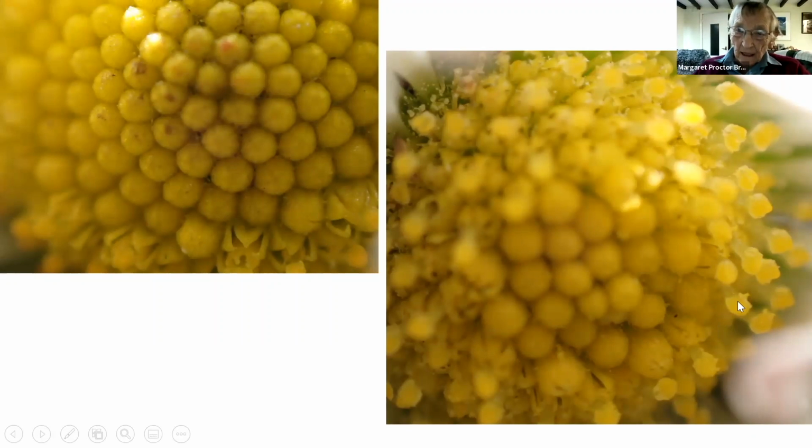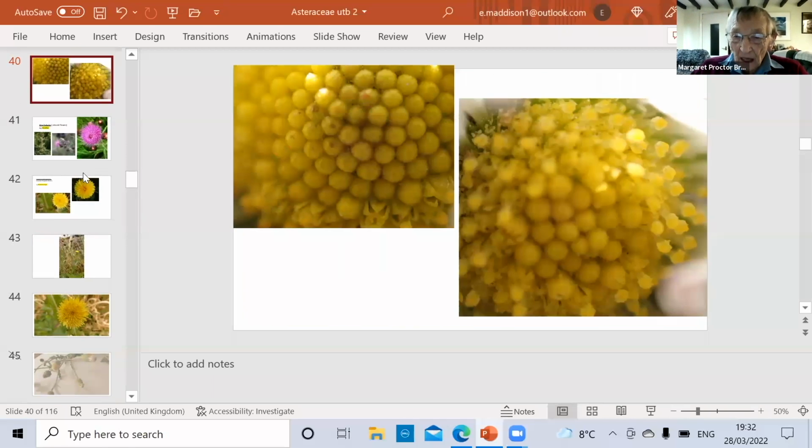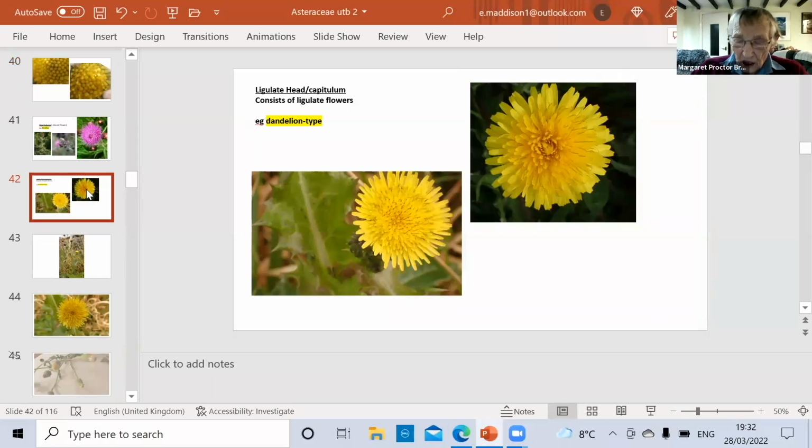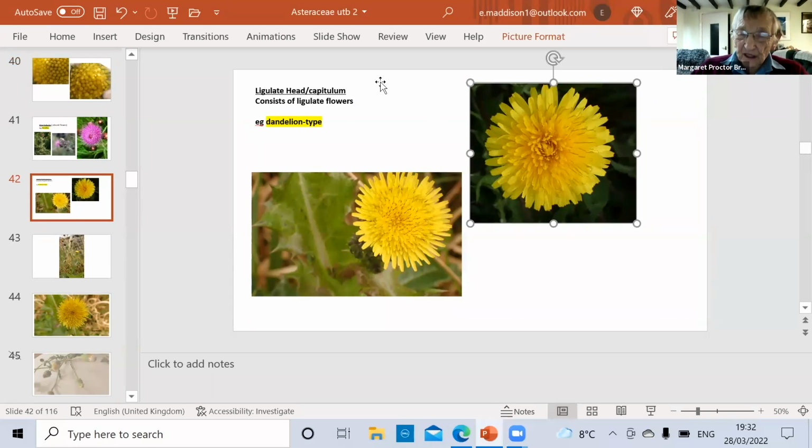I think actually apomixis is very much, sorry, let me explain to those who don't know what such a difficult word as apomixis means. It means that a plant can produce seeds or fruits without the need for fertilization.